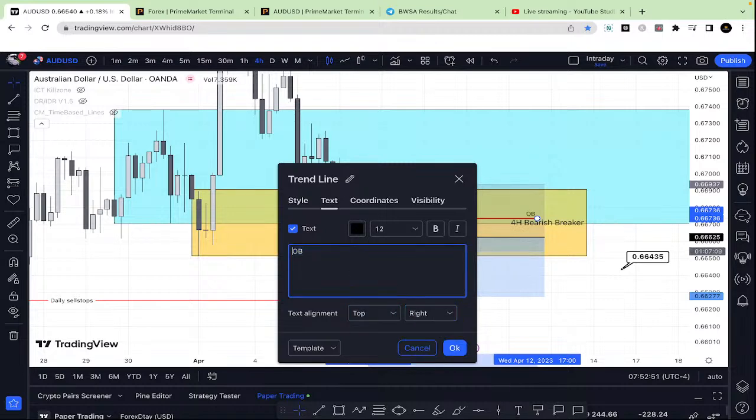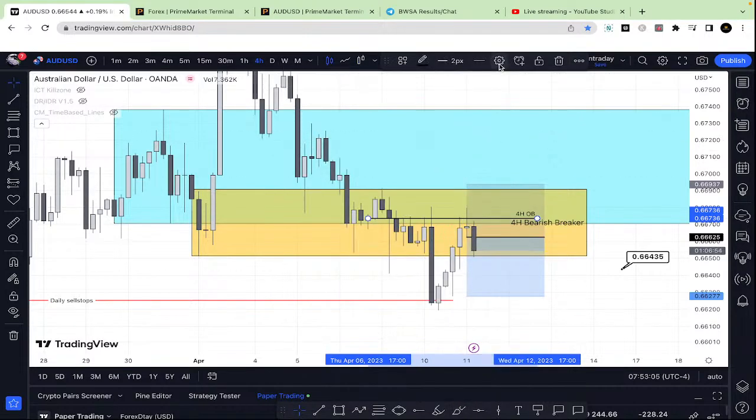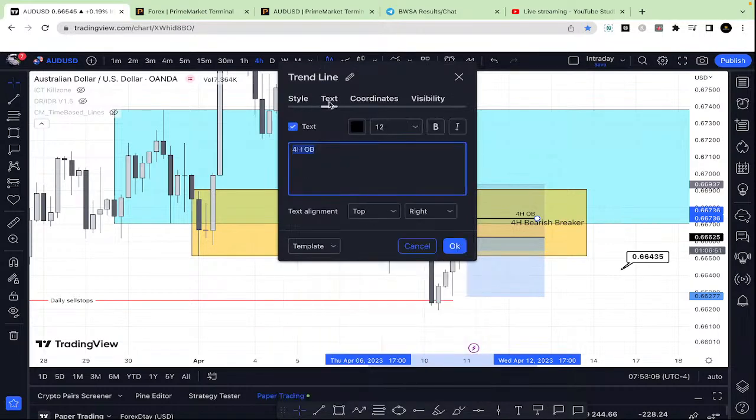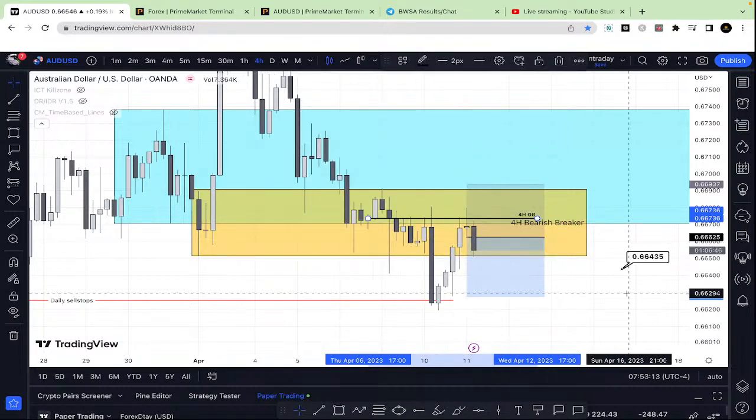Make that more specific. 4H OB. And we can turn that black, I believe, the actual color real quick. Oh yeah, I guess we should save that template, huh? Shouldn't we? And there it was right there.